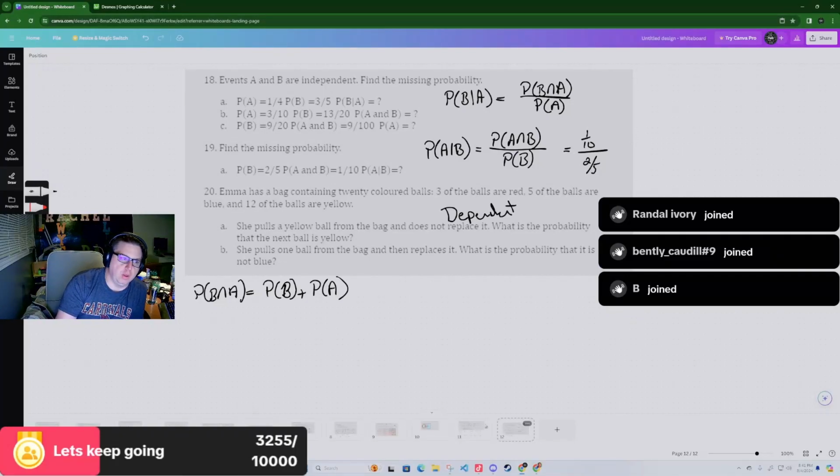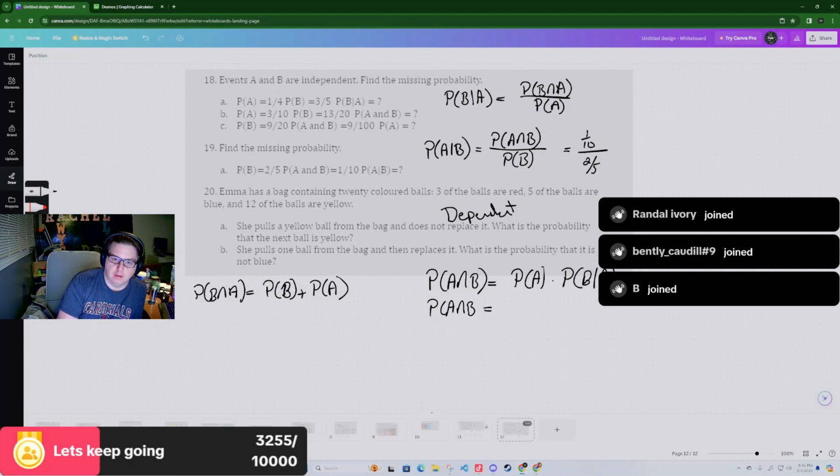We want two things to happen that are two separate pulls of the bag, but the second one is definitely dependent on the first one. So we're looking for the probability of A and B, which is the probability of A times the probability of B given A happened.